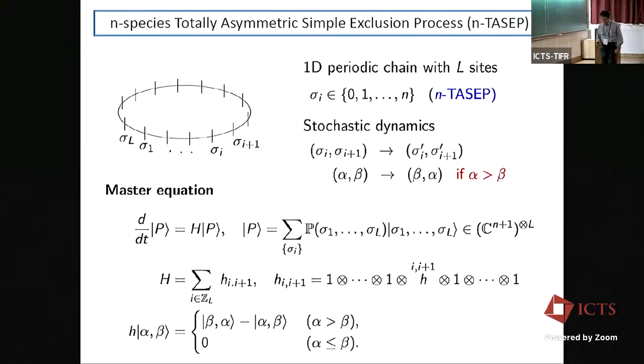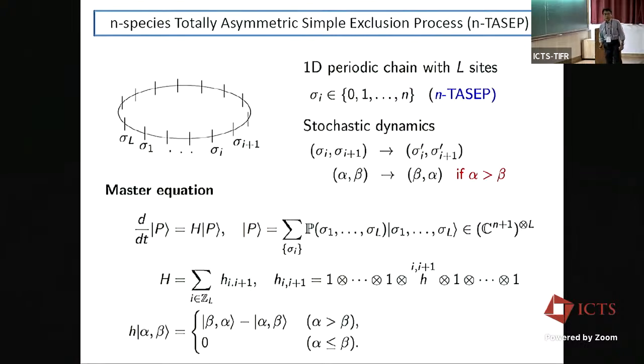So let me fix my convention for n-ASEP. We consider the periodic lattice of length L, with each site i populated with a variable taking values from 0 to n, where n is greater than or equal to 1. It obeys the stochastic dynamics represented by this constraint.